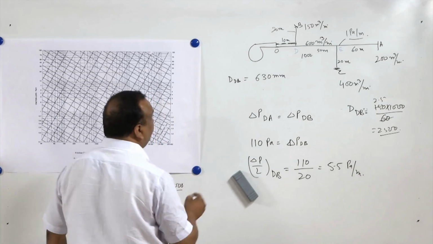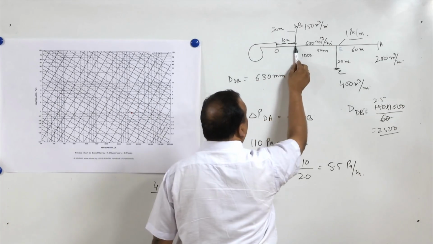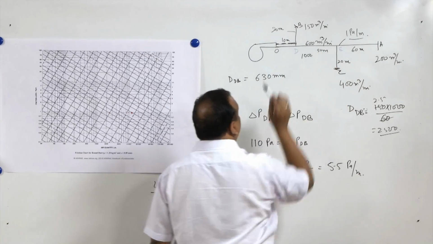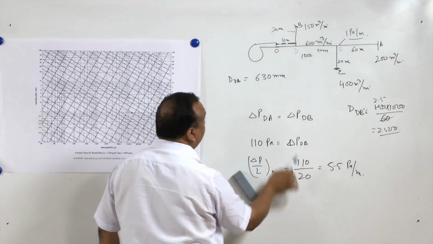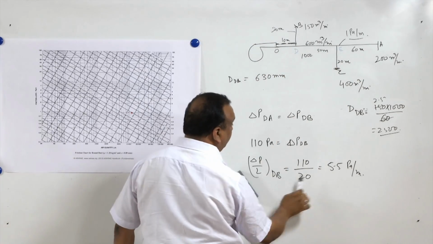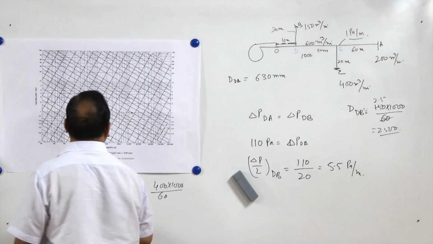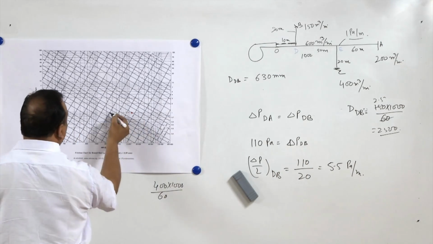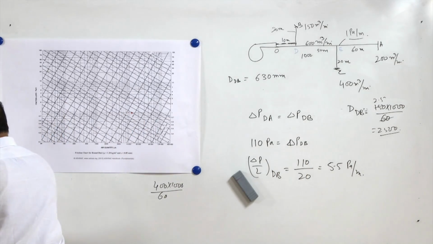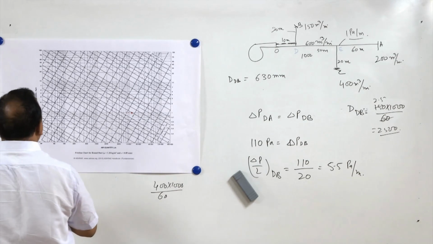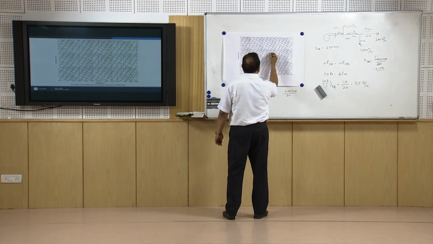Now what we have done, we have assumed that the pressure drop between D and A and D and B are the same, and then the pressure drop per unit length for dB is 5.5 Pascal per meter. So instead of coming here, again we will have to go up to 5.5.